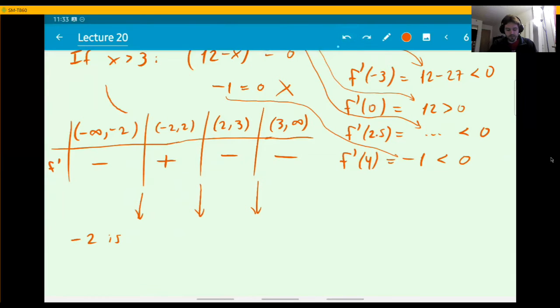So you probably want to draw this in here actually. Decreasing and then increasing, so local minimum point. Next, the number 2: increasing and then decreasing. 2 is a local max point.